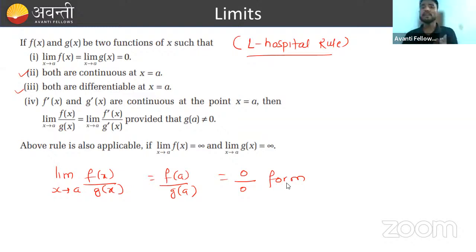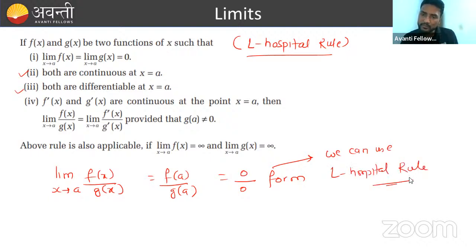If we are getting 0 by 0 form, then only we can use L'Hospital rule, otherwise we can't use it. So for the first thing, you have to put the limit.